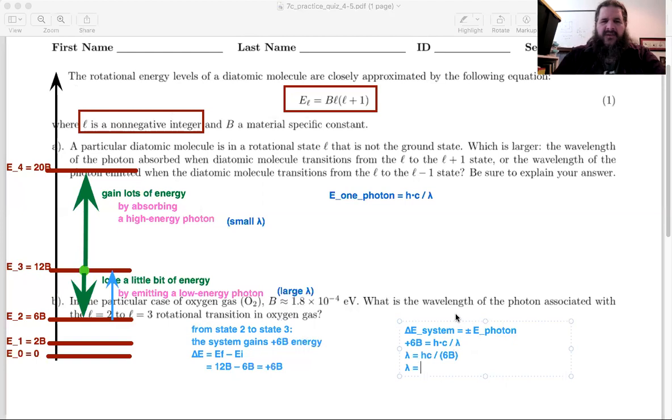And we can fill in some values there. What's our usual standard value for hc? Yeah, 1240 with units of electron volt nanometers. And that's going to work well with the fact that B is also described in electron volts. We're going to have 6 times B, which in this case is 1.8 times 10 to the negative 4.